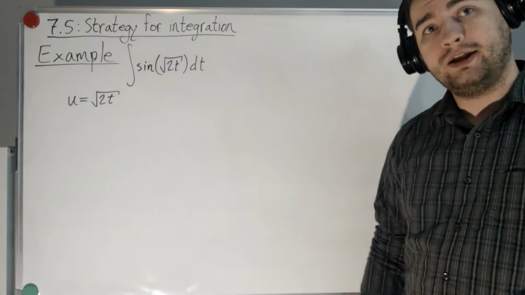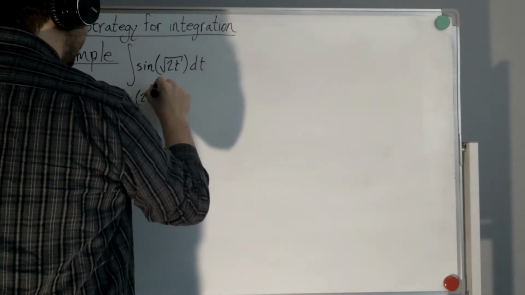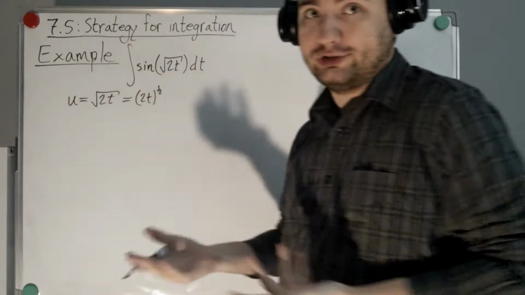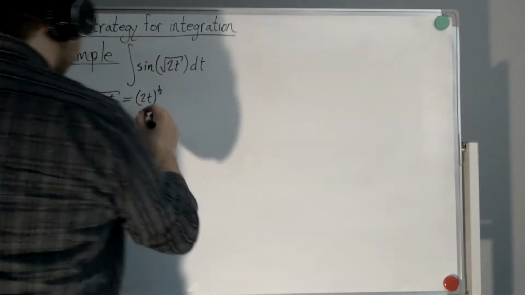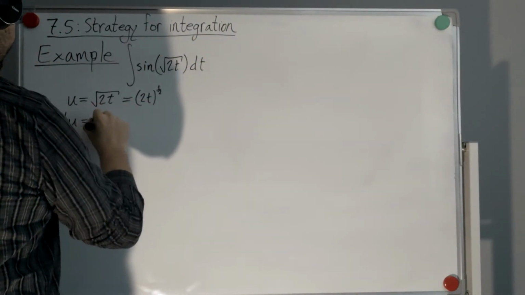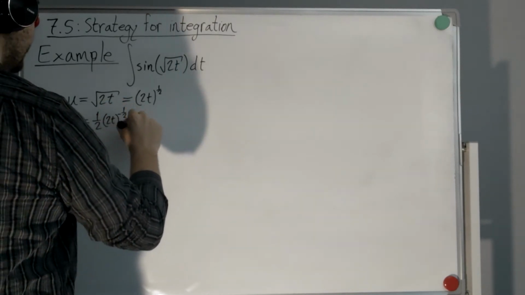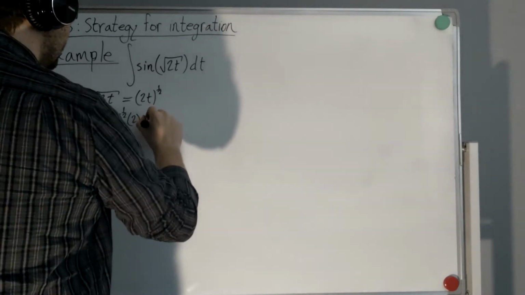Now, if you do that, then first of all we need to understand this as 2t raised to the 1/2 power in order to take its derivative. So you take its derivative and you get du will be 1/2 times 2t raised to the negative 1/2 times 2, by the chain rule, dt.